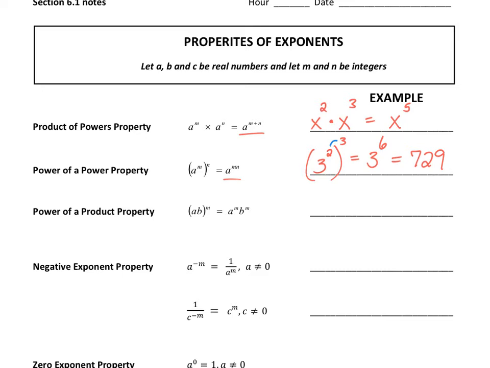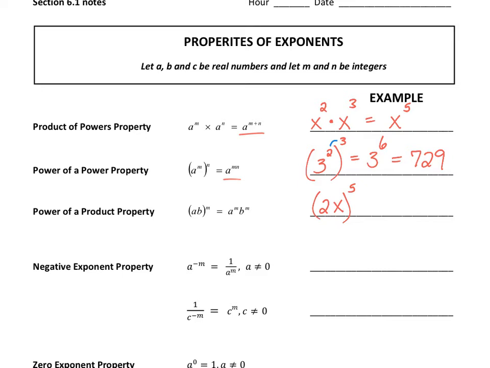The third one is power of a product. So if we have two things multiplied together in parentheses, and they're taken to a power. So this would be like, what if we have 2x to the 5th power?